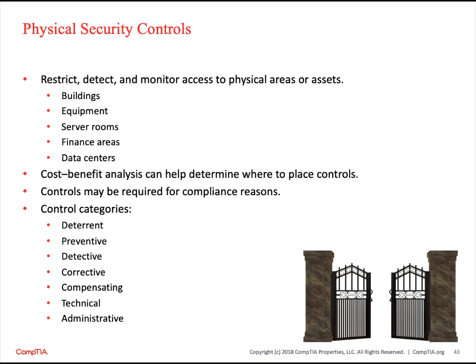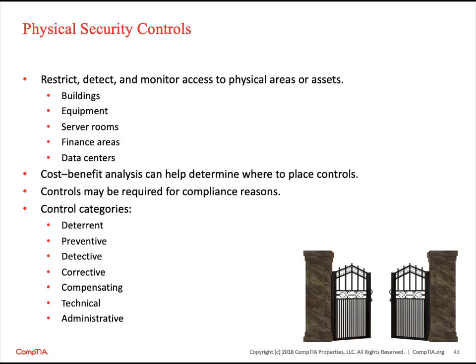So we need physical controls as part of our overall security operation, and we definitely don't want them walking out with everything, right? So physical security controls are used to restrict, detect, and monitor access to physical areas or assets, right? So we can control access to our buildings. We can control access to equipment and specific areas.